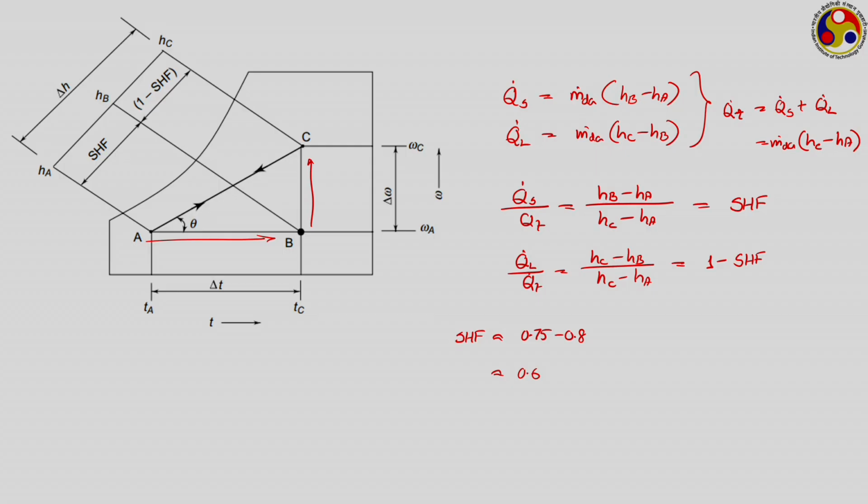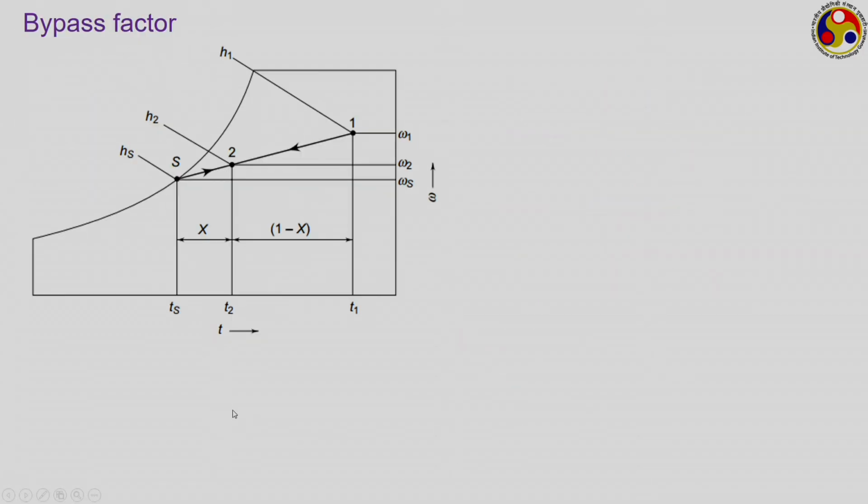And depending upon the sensible heat factor that is expected for your air conditioner, we have to design the system accordingly. Another design parameter that is also important is called the bypass factor. Just see the scenario that is shown here. Here we are starting from point 1 and we want to reach this temperature S. S refers to a point on the saturation curve.